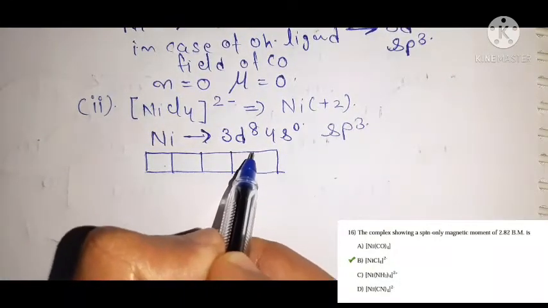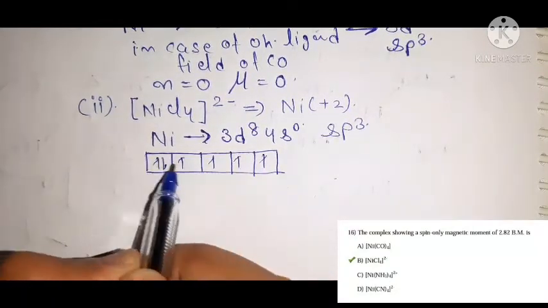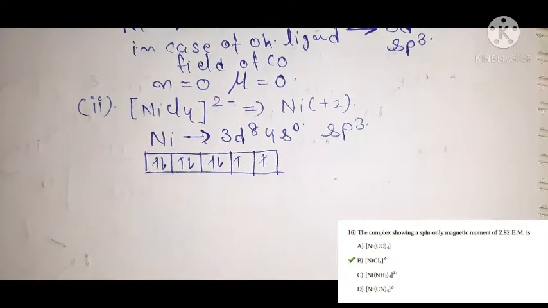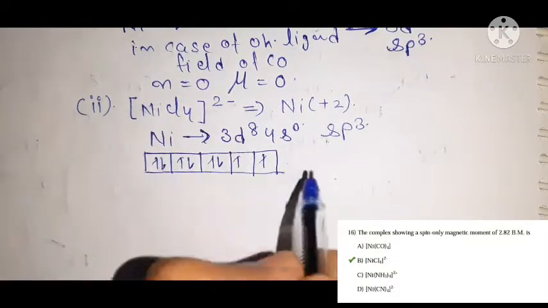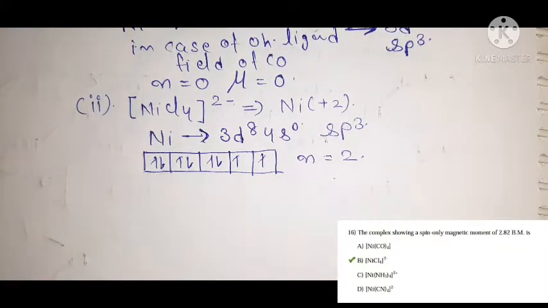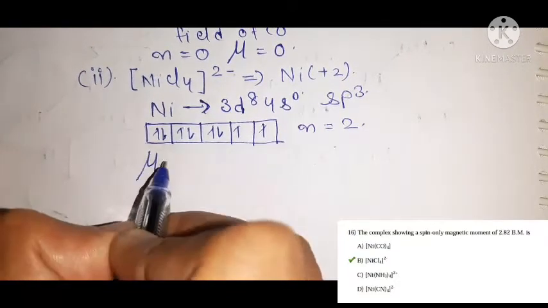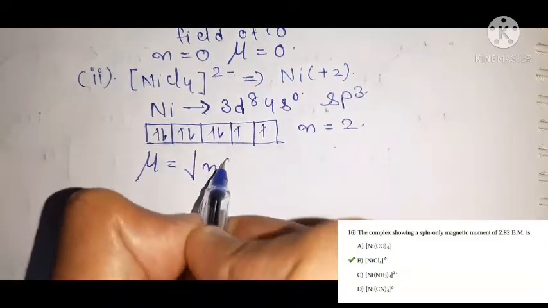Nickel +2 has 8 electrons in d orbitals, which are filled in this form. That means in this condition the value of n, that is the number of unpaired electrons, is 2. So it has unpaired electrons, which means it shows some value of magnetic moment. Its magnetic moment will be under root n(n+2).